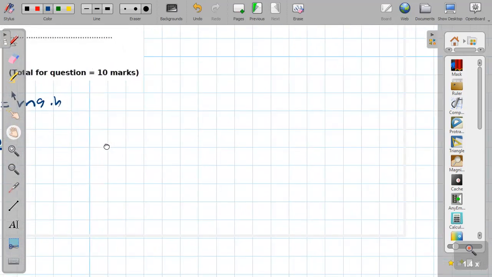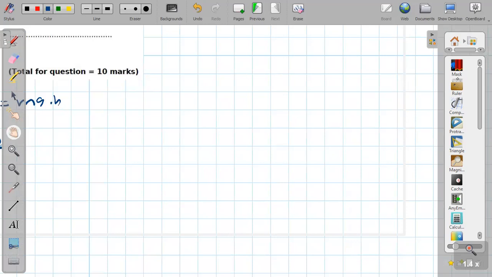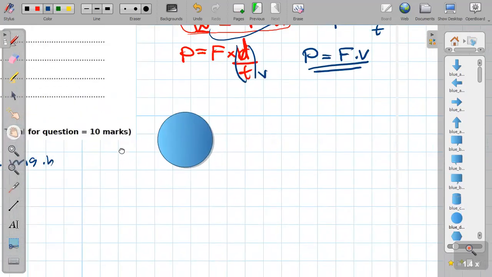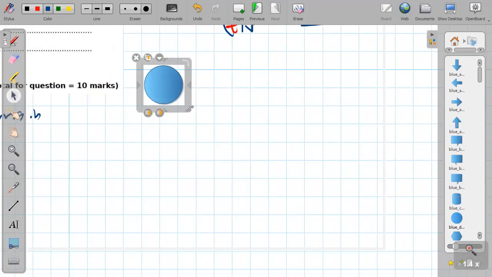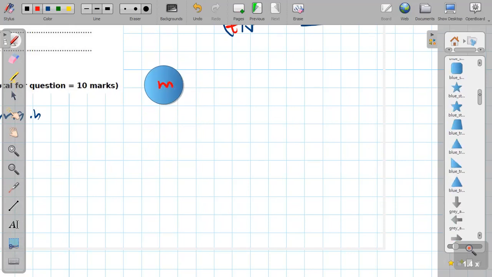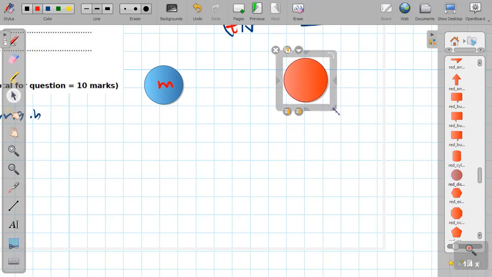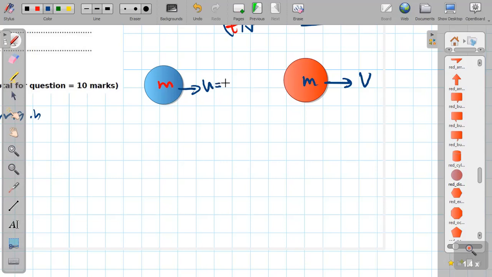Now the next part. Kinetic energy. Starting with u, I consider it like u equals 0 in a certain condition.